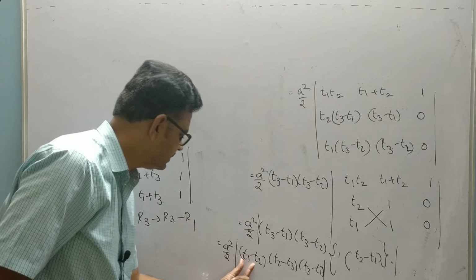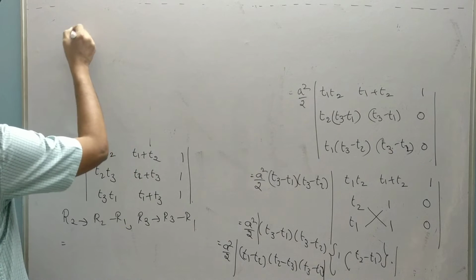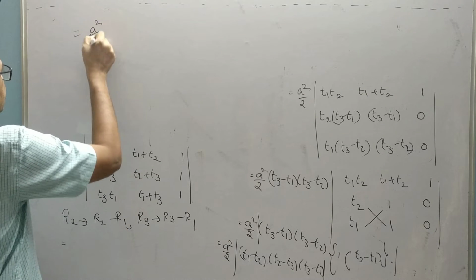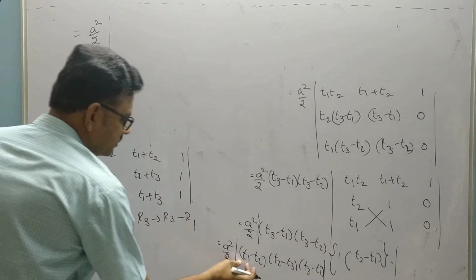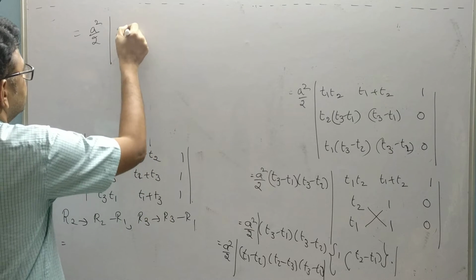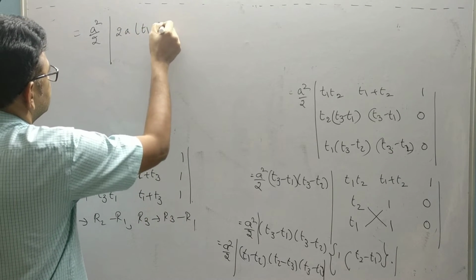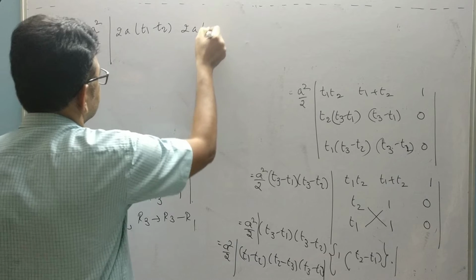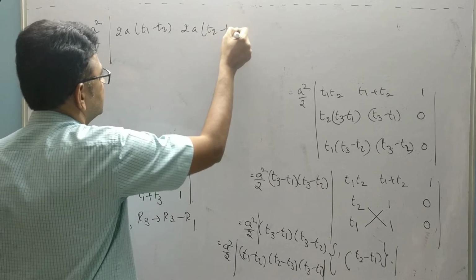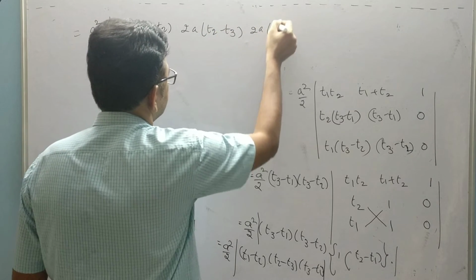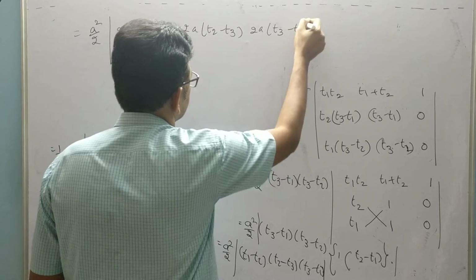Same as in the previous sum, that is equal to a square by 2 into 2a into T1 minus T2, 2a into T2 minus T3, into 2a into T3 minus T1.